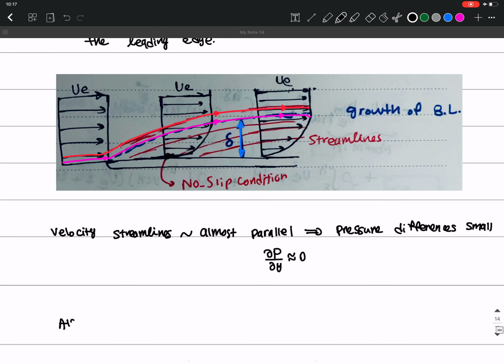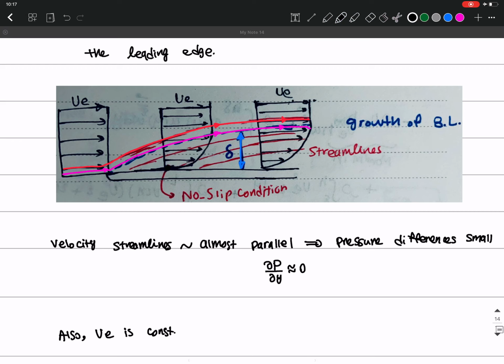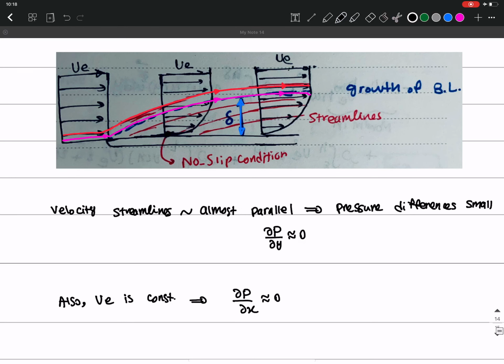UE is constant, so U is not changing, because we have assumed a steady flow. So we can say that the pressure gradient in the x direction is also very small. We don't have much variation in the pressure in the x direction, and because the streamlines are almost parallel, we don't have much pressure gradient in the y direction. The pressure is not changing much here.